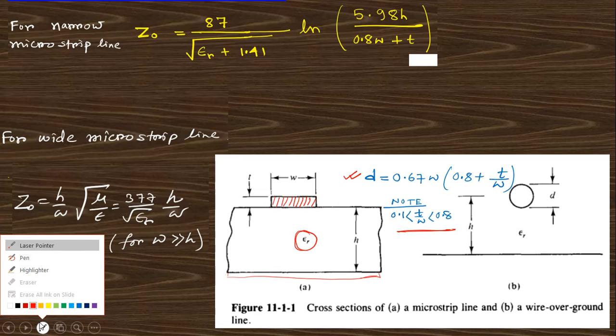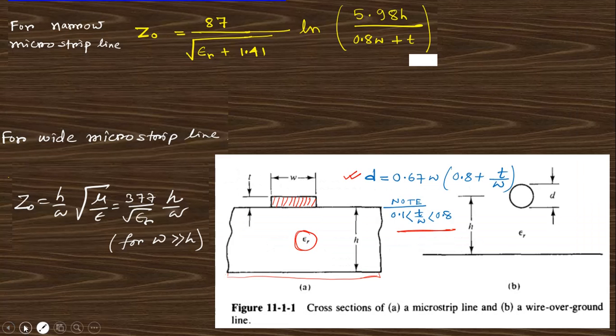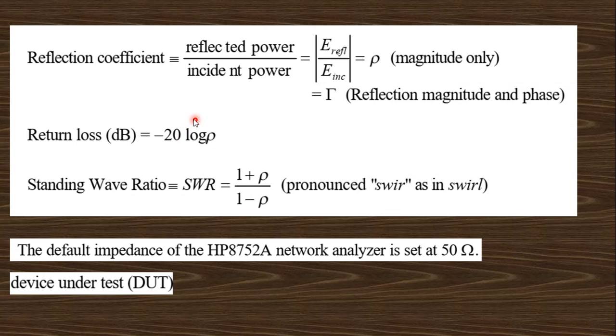From this characteristic impedance, we can find the reflection coefficient, because the reflection coefficient is the reflected part over the incident part, and the return loss. In the last video we discussed the return loss and the standing wave ratio.